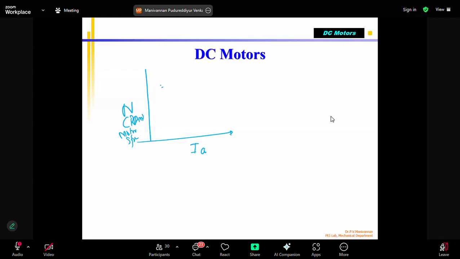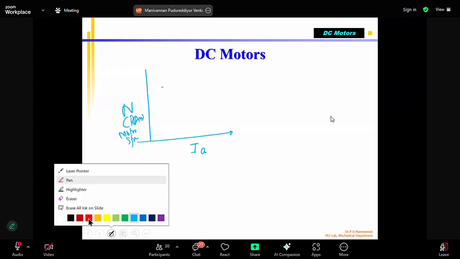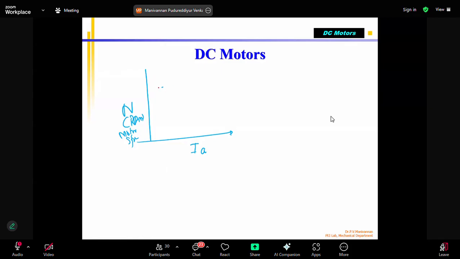Theoretically, the motor speed should remain constant. Okay, so the current is varying. They say I naught: when the current is less than this, the torque production is not there. When the current starts from 0, up to 10 amps, correct?